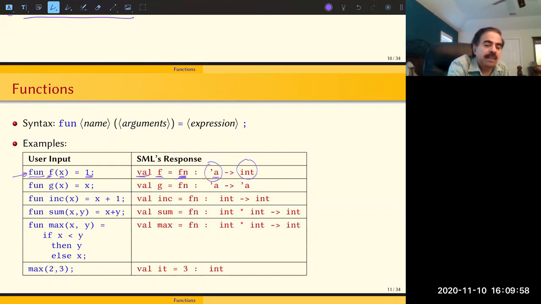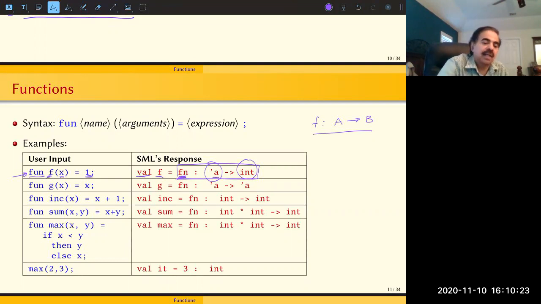So remember, when we talked about functions in this course, we say a function from a domain A to codomain B is something we write down this way, right? F colon A to B. And it's pretty much the same notation that standard ML uses to represent this function, right?